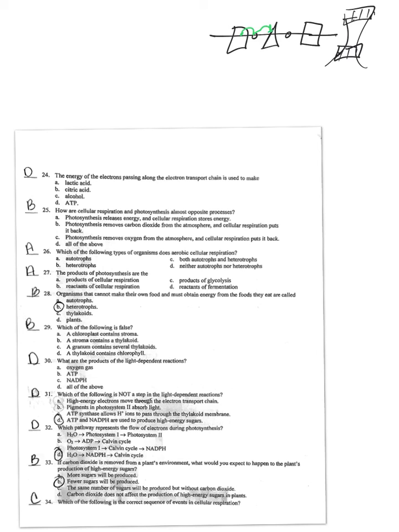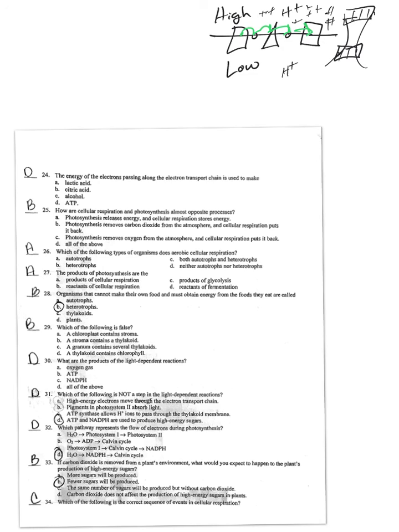Your electrons that are being passed from one carrier to the next directly is being used to create a hydrogen ion concentration, a high and a low. And remember, high to low does not require energy to have these ions move. So over here you have a low hydrogen ion concentration. Over here you have a high hydrogen ion concentration.